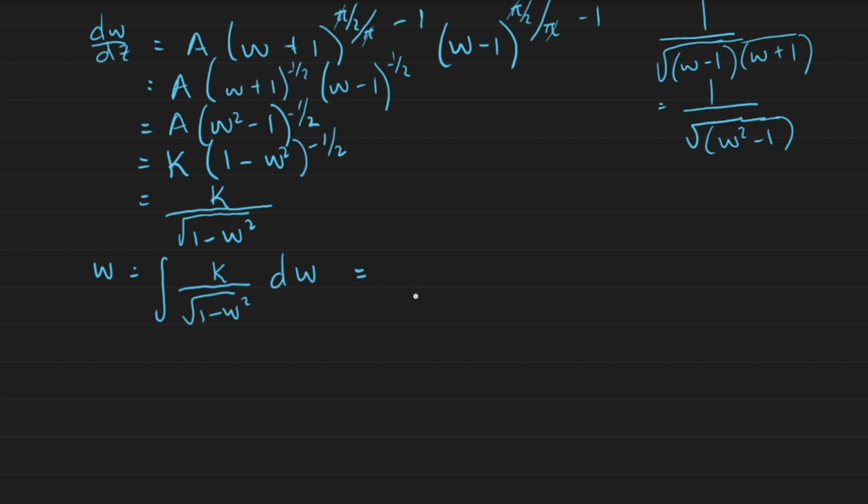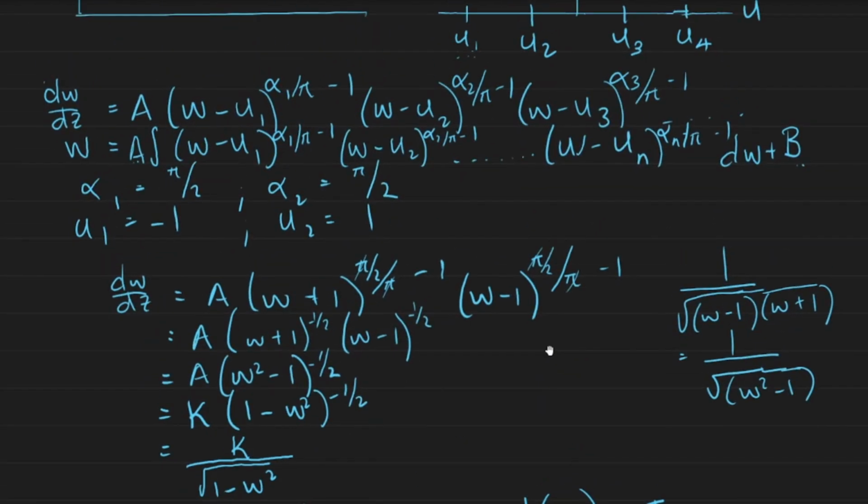This is a standard integral, which means it's equal to k arcsine w plus a constant. Sorry, I made an error here. This should have been z. This is z, and it's also z here at the top.